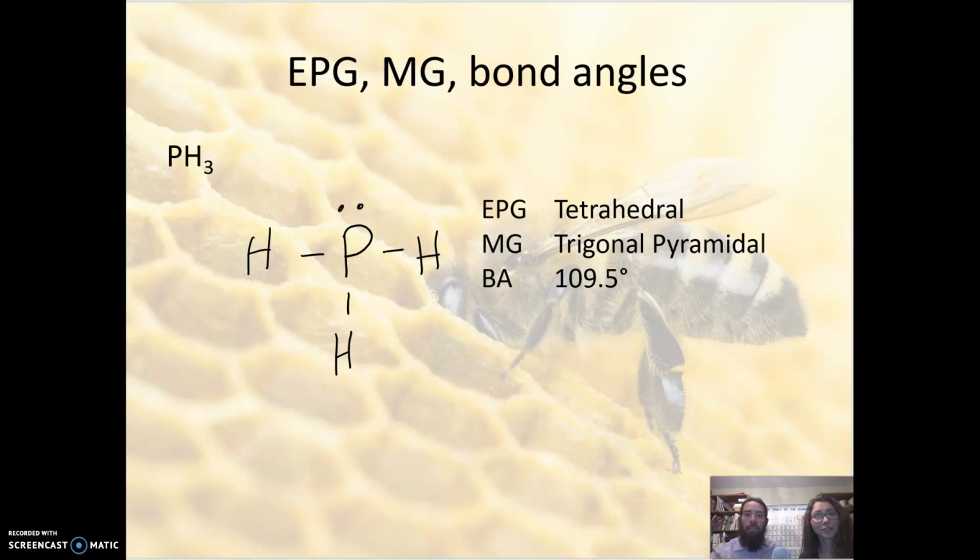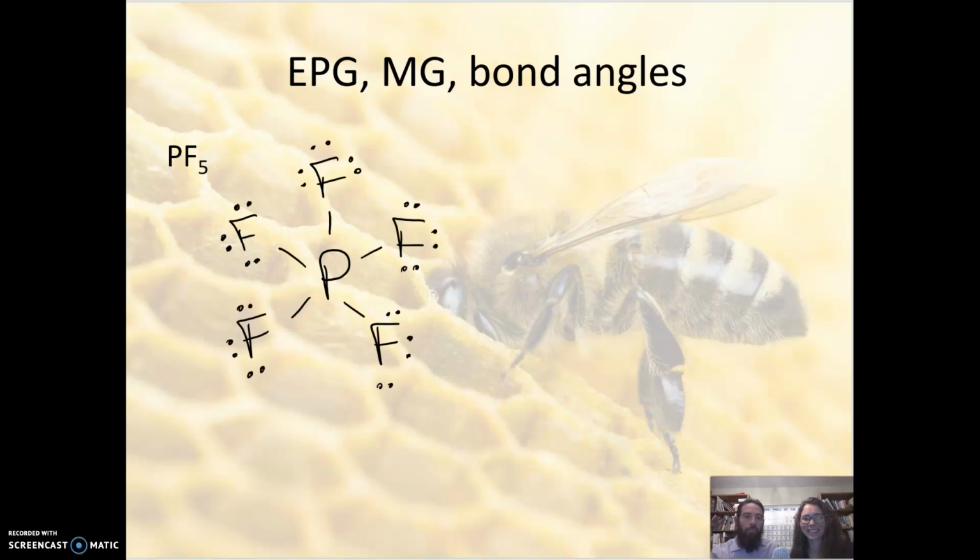First, you go to the electron pair geometry with 4, and that means it's tetrahedral. Then you have to think about, do I have any lone pairs, and does that change the molecular shape? And it does. So 1 lone pair in a tetrahedral gives us a trigonal pyramidal molecular shape. And the bond angles are from the tetrahedral, 109.5, a little less than 109.5, but we just consider it 109.5.